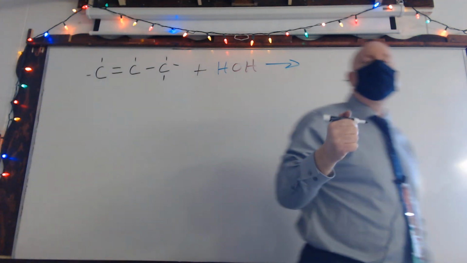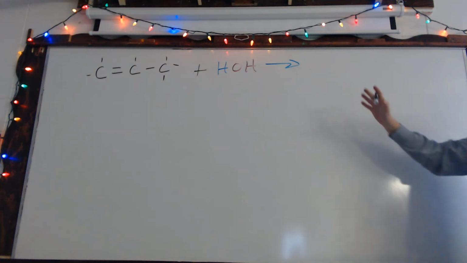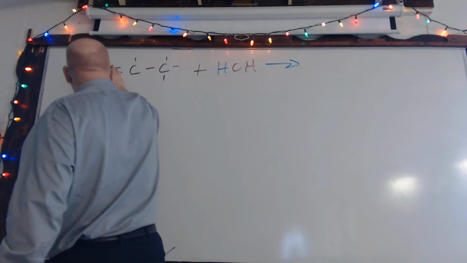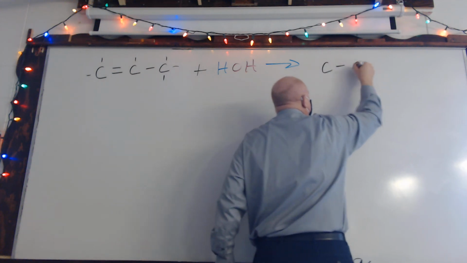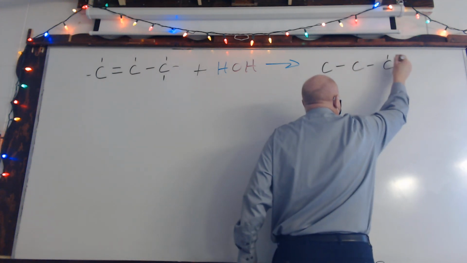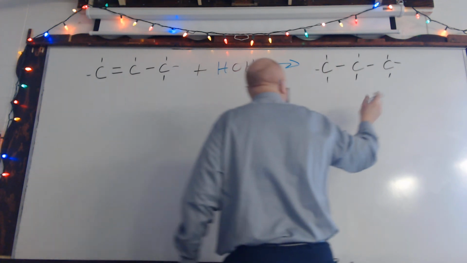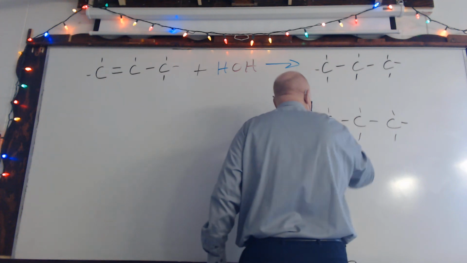The only double bonded compounds that needed a catalyst were the aromatics, those benzene rings. This is really unstable, so it breaks very easily. So what we see happening, these are all single bonds now. Why would we write two of these, do you think?